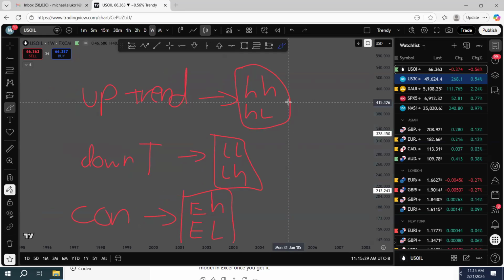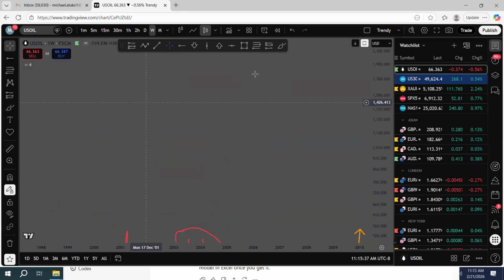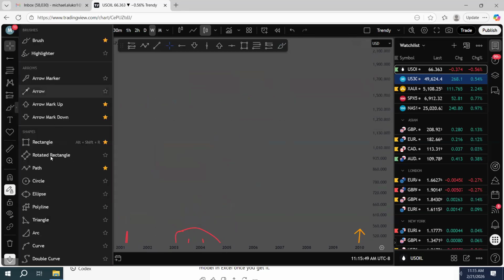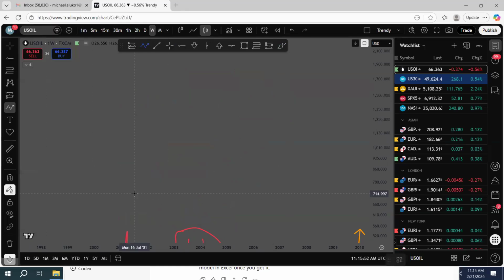Now, the key thing is that there are two stages of a trend, right? The market expands and then it contracts. Then it expands and it contracts. So when we talk about an uptrend, these two phases, the higher high and the higher low, play two different roles, and it's vice versa for a downtrend.